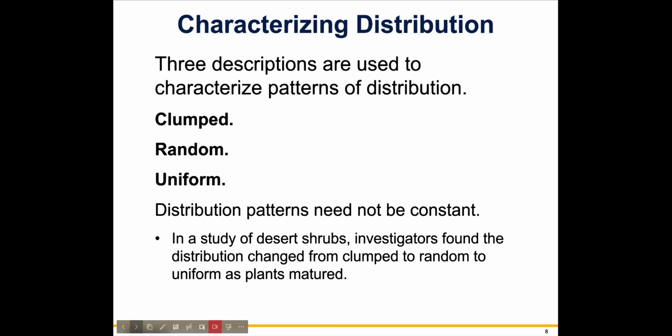And now we got a random distribution. And then, as that maturing continues to happen, and every plant is spreading out its roots and getting enough water and nutrients and sunlight, even more of those plants die. And now we have a very uniform space in which these plants are occupying.